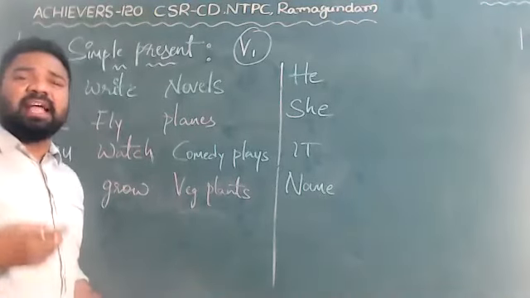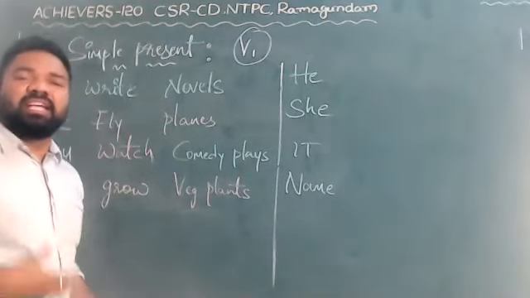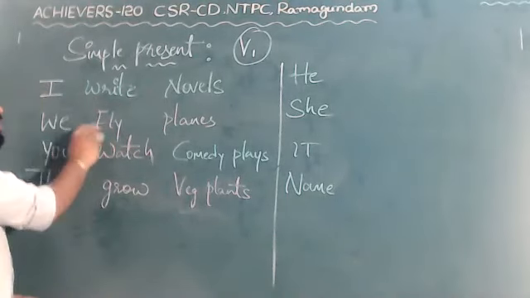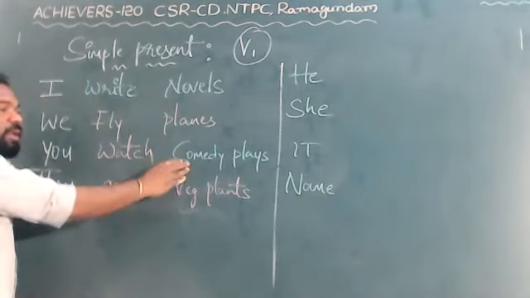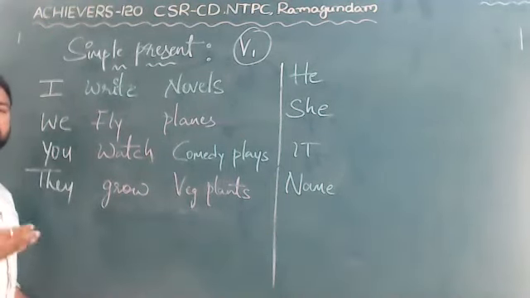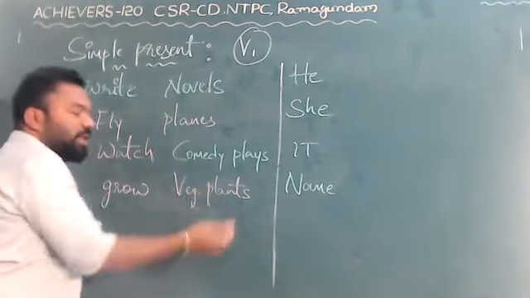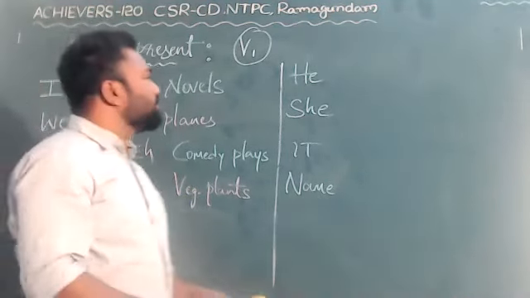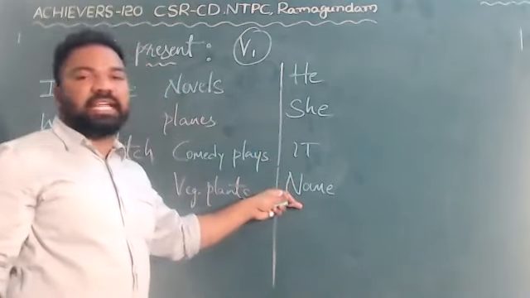The simplest words can reach each and every student. That is my intention. So here: I write novels, we fly planes, you watch comedy plays, they grow vegetable plants. Here, he, she, it, names.